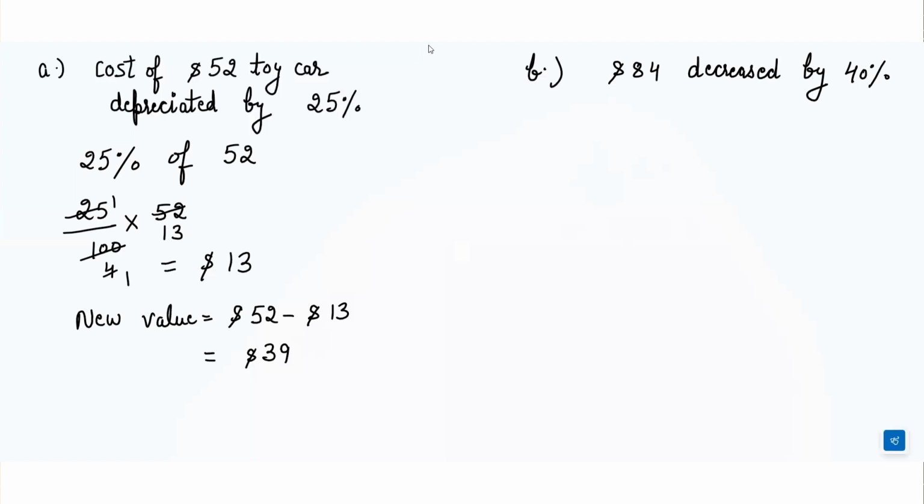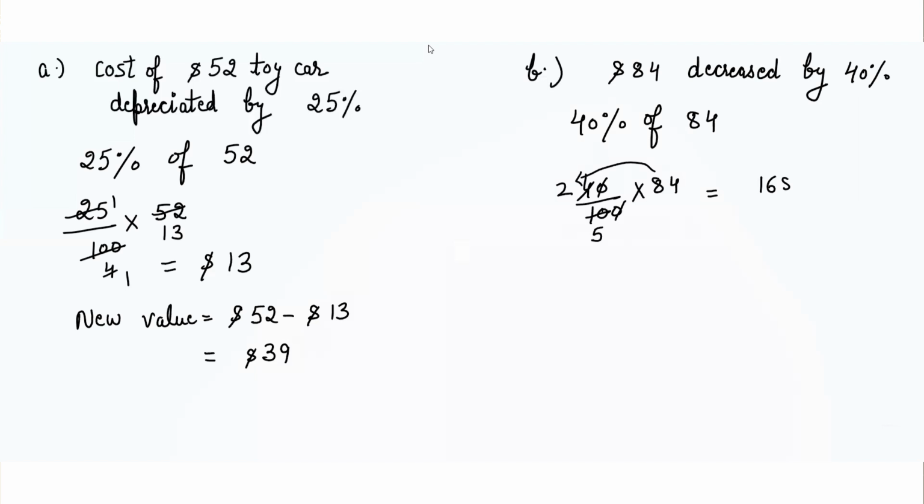Similarly, the next question is about decrease by 40%. We will first calculate 40% of 84, which is equal to 40 over 100 into 84. We can simplify it. 2 2s are 4, 2 5s are 10, and then we can simplify it further. We will multiply 84 with 2. We'll get 168 divided by 5. When I divide 168 by 5, we will get $33.60.